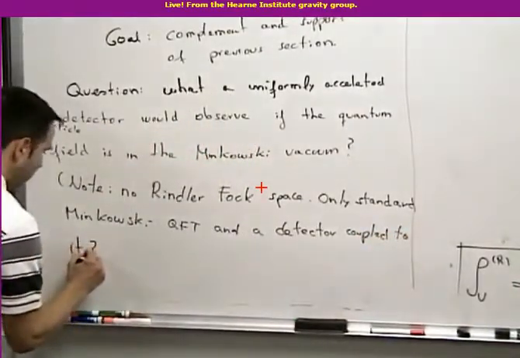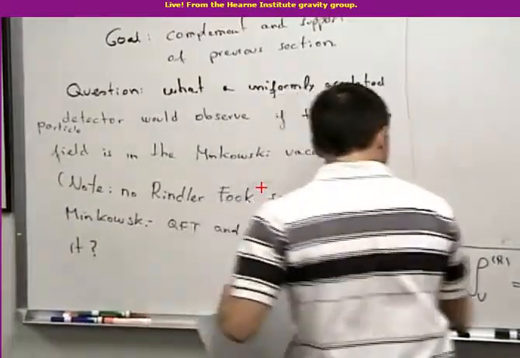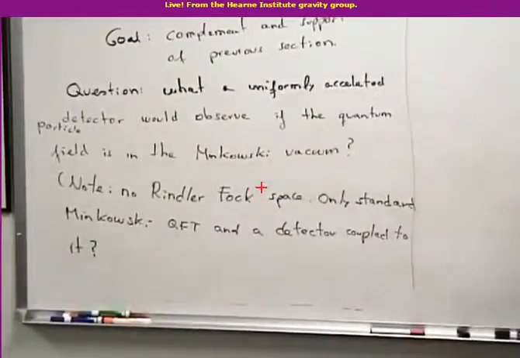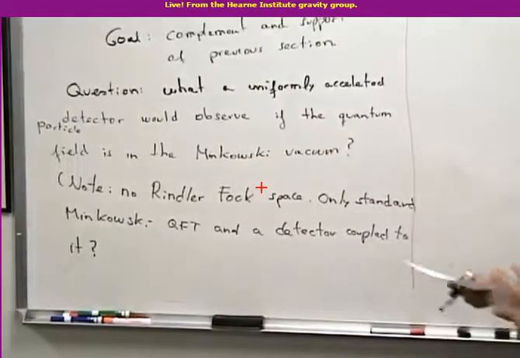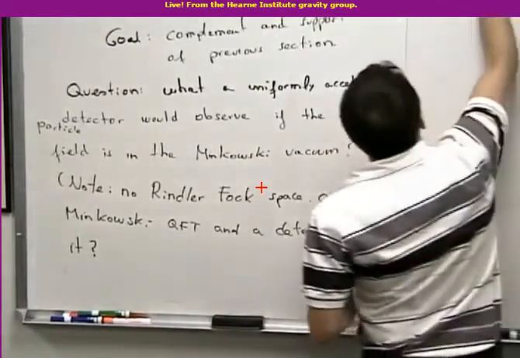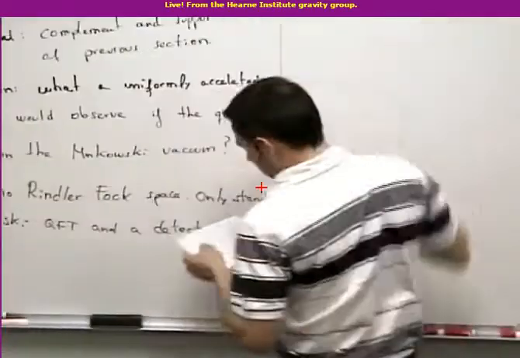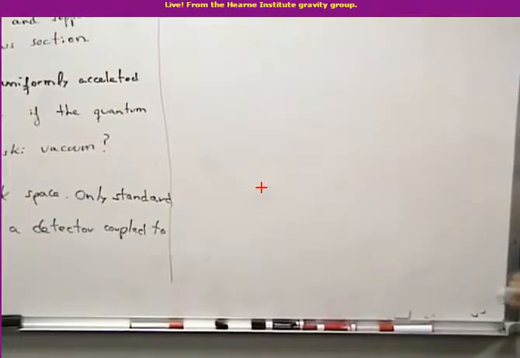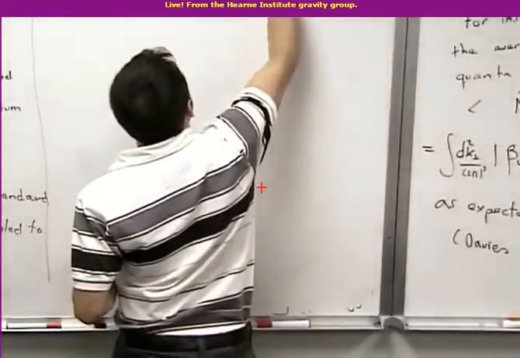Mathematically it's much cleaner. I only have one standard familiar representation and a particle detector coupled to it, as we did in chapter 4. So you can go to your notes on section 2.5. All that we did there applies.